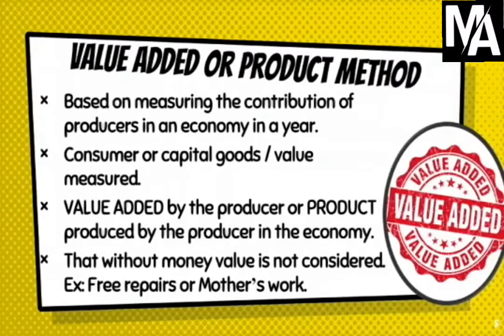Or any free repairs, if we go to a mechanic and that mechanic provides us free repairs, those free repairs or free services will not be included in this method, simply because there is no value added or there is no product produced.